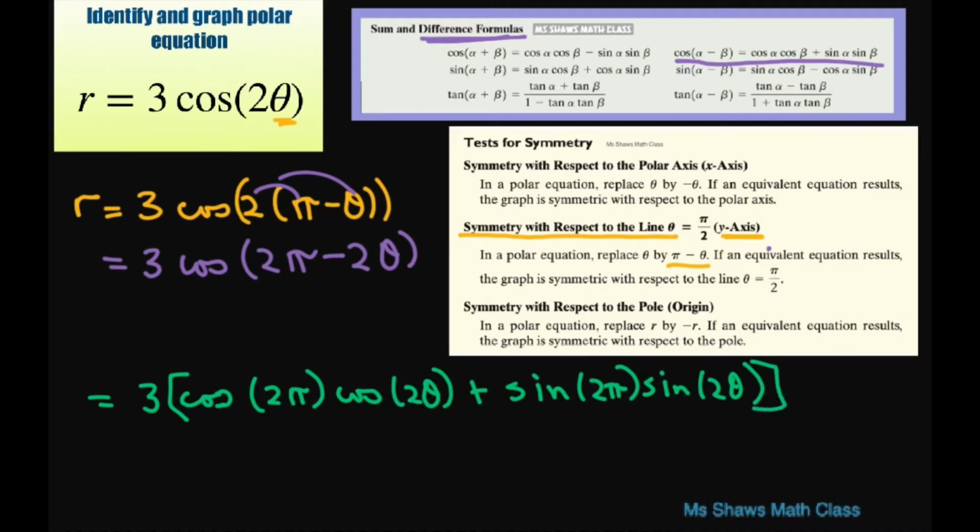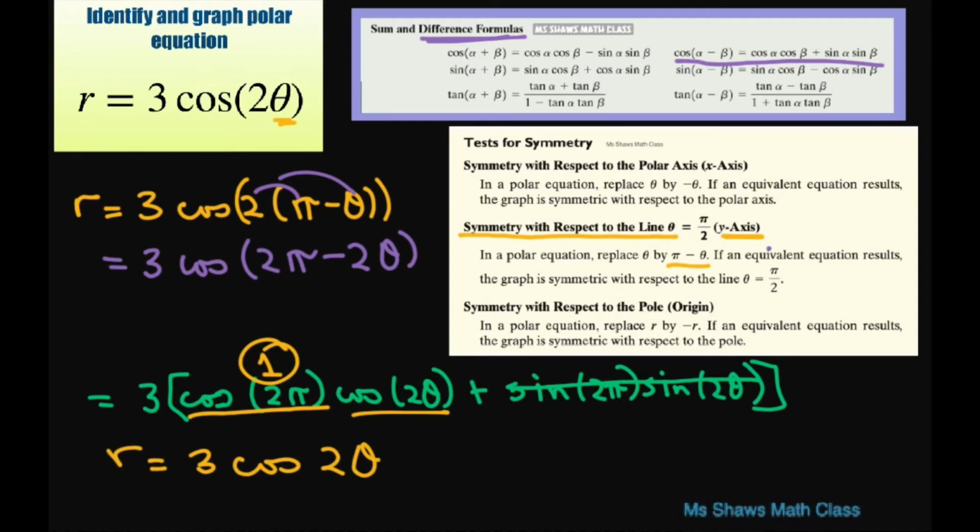All right, now sine of 2 pi is 0, so all of this is going to zero out. Cosine of 2 pi is 1, so you get 3 times 1 times cosine of 2 theta. Now, since this is equivalent to our original equation, our graph is also symmetric to our y-axis. So it tests positive for both of these.